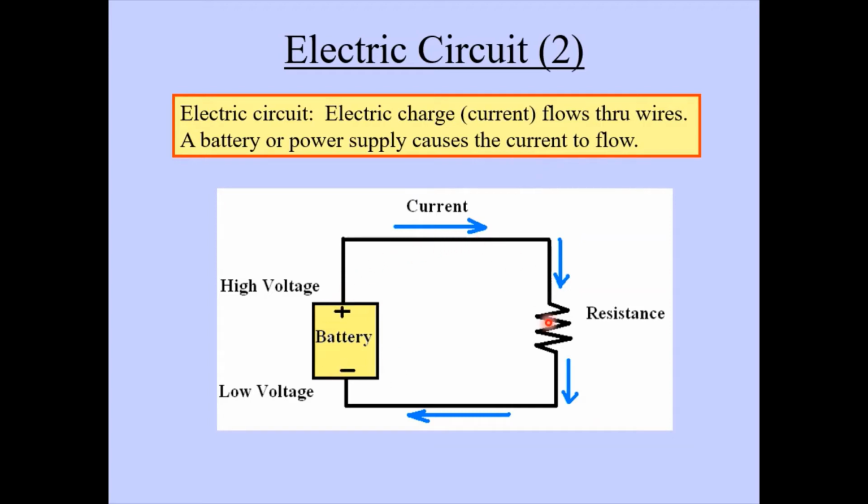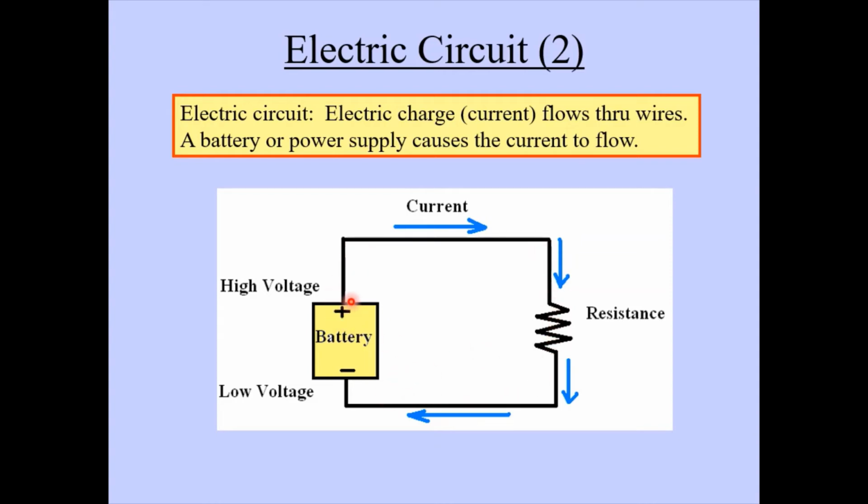This looks very similar to the picture on the last page. Instead of a pump, we have a battery, and the battery produces high voltage on one end, that's the positive terminal, and low voltage on the other end. So there is a voltage difference across the battery that causes current or charges to flow.